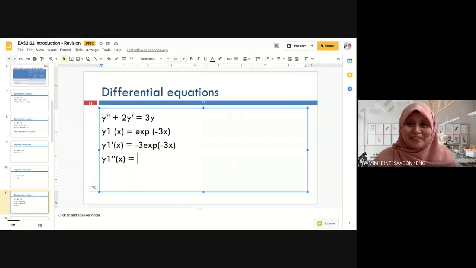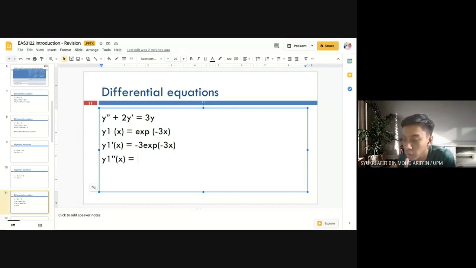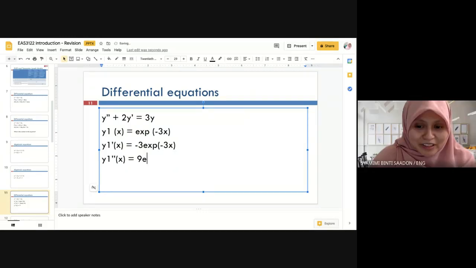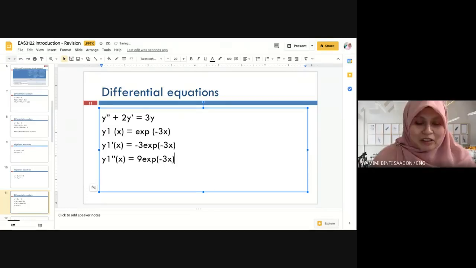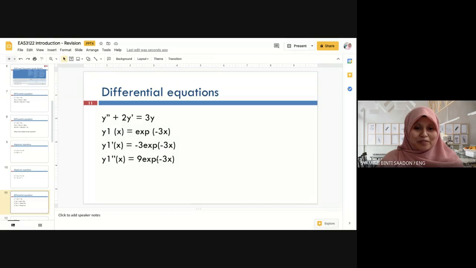Okay, so what is the second order of y1? 9 exponent negative 3x. Okay, thank you, Shukri. Fill in this derivation in the equation, and normally we will have the answer.